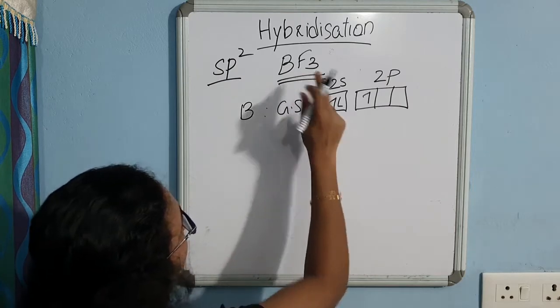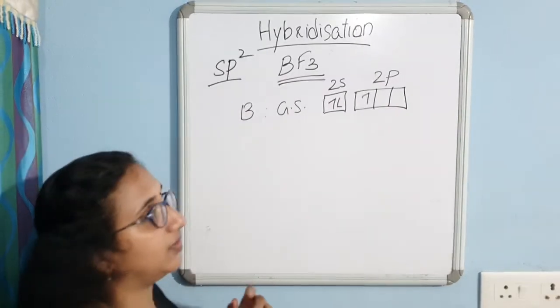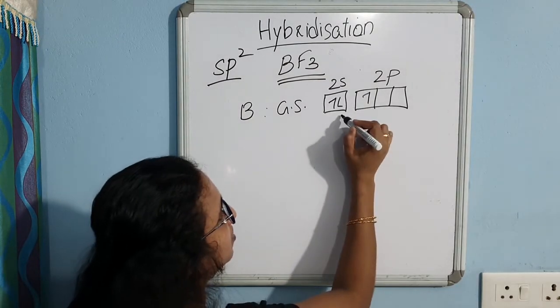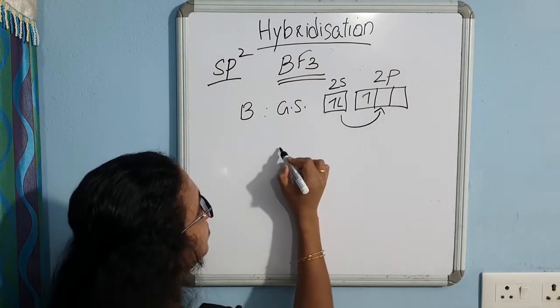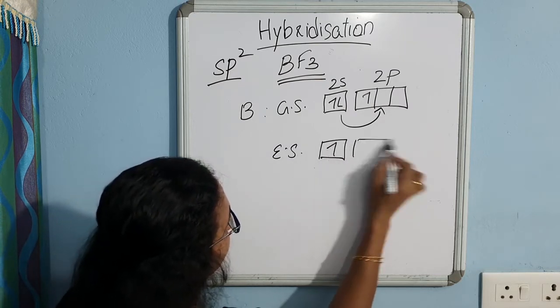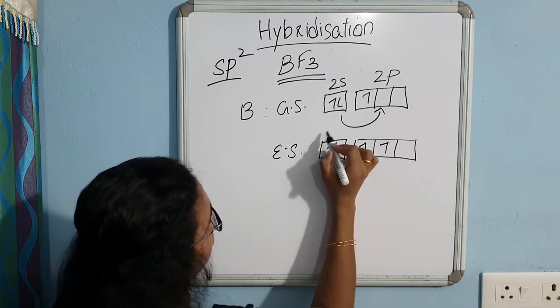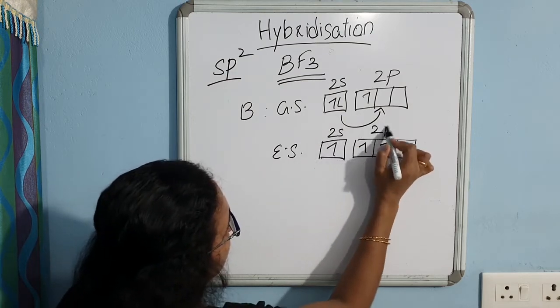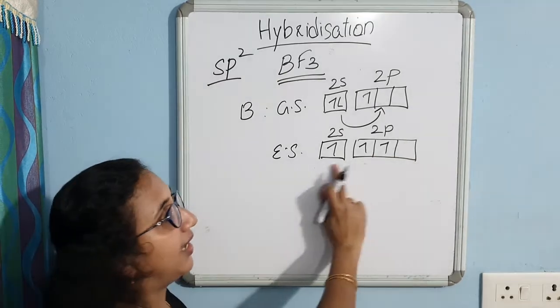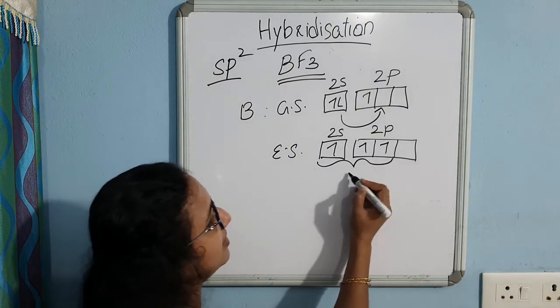And in order to combine with 3 fluorine atoms, it should make available 3 half-filled atomic orbitals. So for that, one of the 2s electrons gets promoted to the 2p, and in the excited state the configuration becomes 2s1 2p2. Now this 1 2s orbital and 2 2p orbitals mix together, or undergo hybridization.